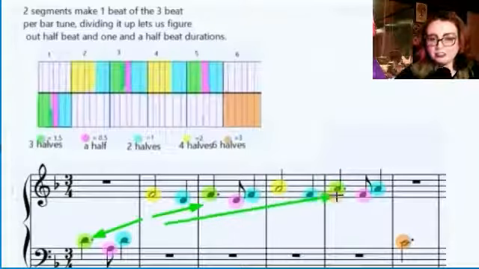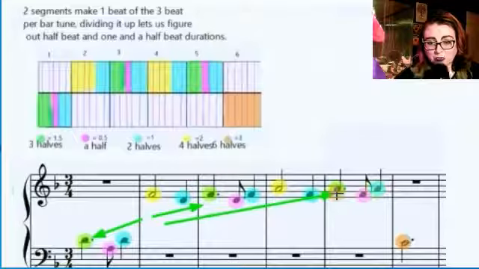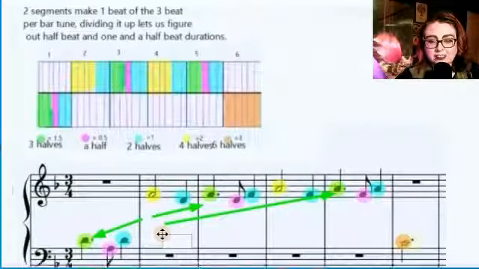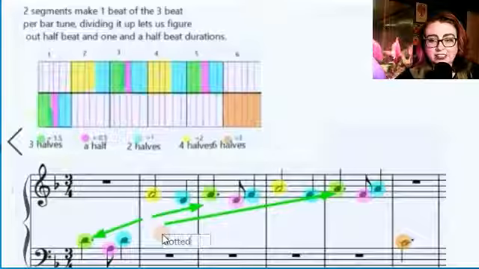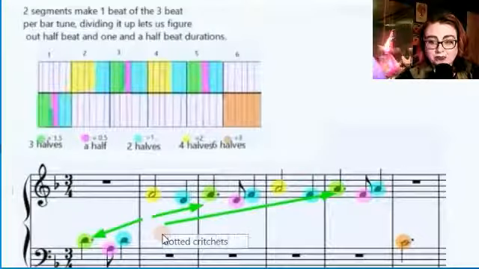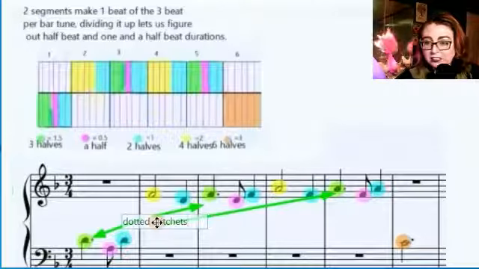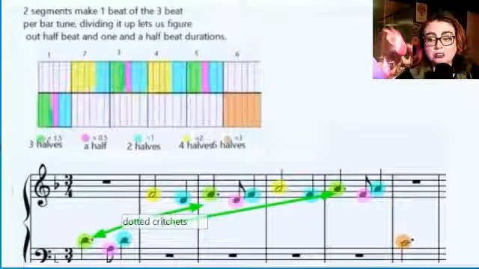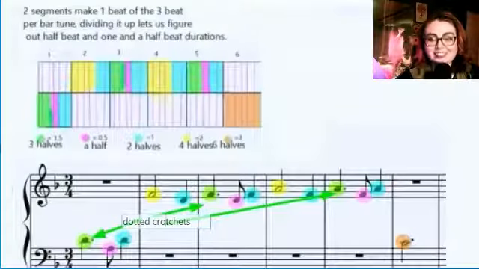Now, these aren't the same note, they're the same length. The green is a D and an F, both dotted crotchets. And that A is a dotted crotchet. A dotted crotchet.